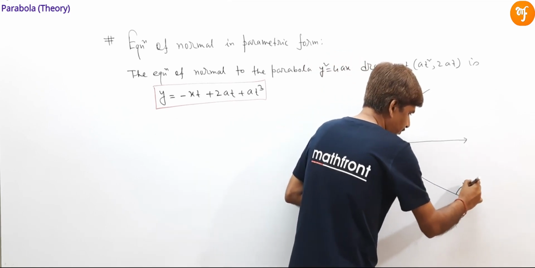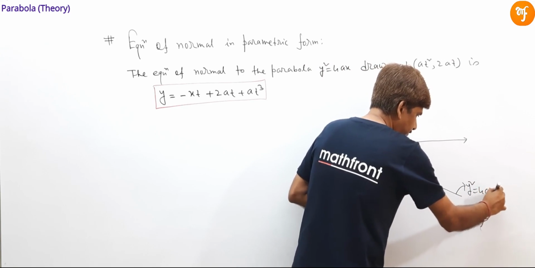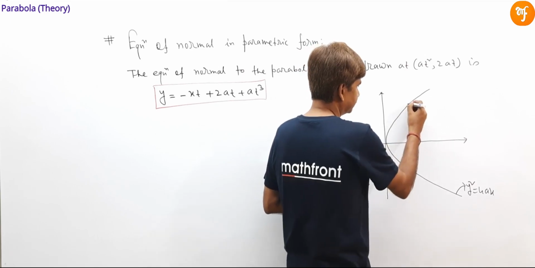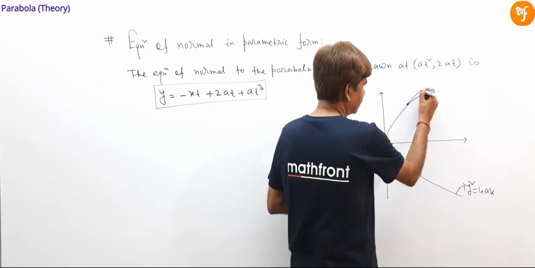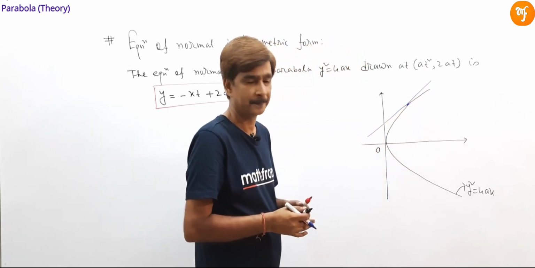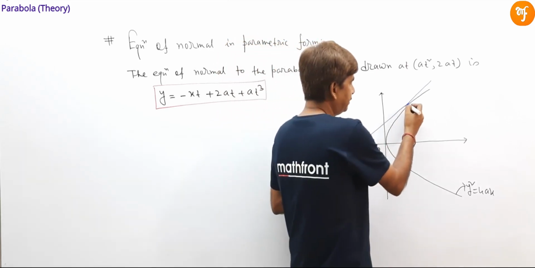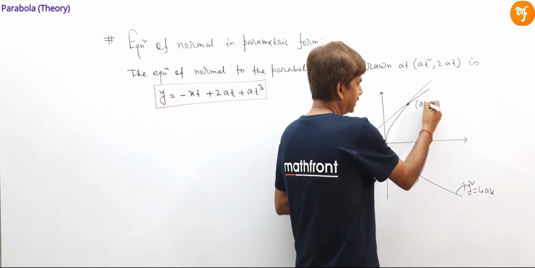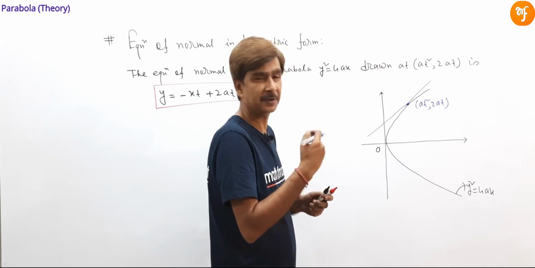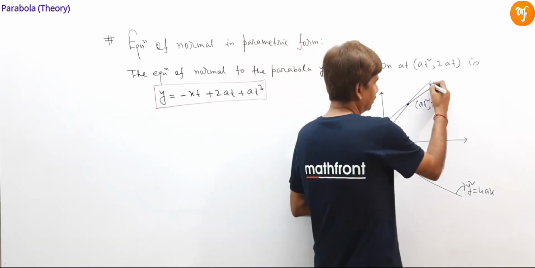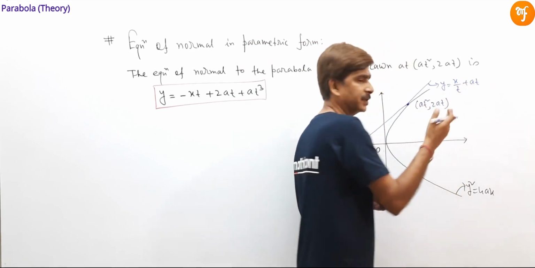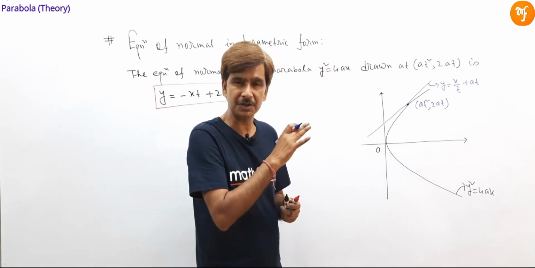This is y² = 4x. So first of all we are drawing a tangent. Okay. So if this point of contact is (at², 2at), then what will be the equation of the tangent? The equation of the tangent will be y = x/t + at. And we proved this already in the previous discussion.